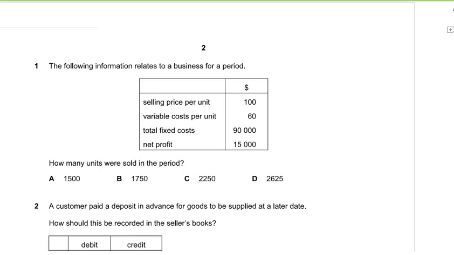Right, I'll show you two alternative ways of doing this. The first one is centered on our understanding of CVP, where we know that in order for us to calculate units required to achieve target profit, we use the following formula. So we say units are required to achieve target profit.